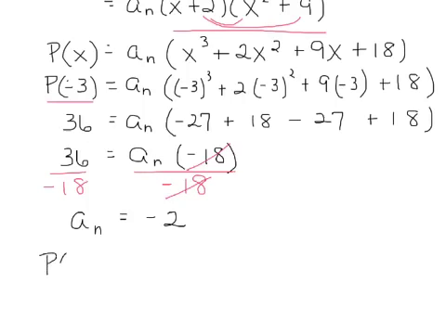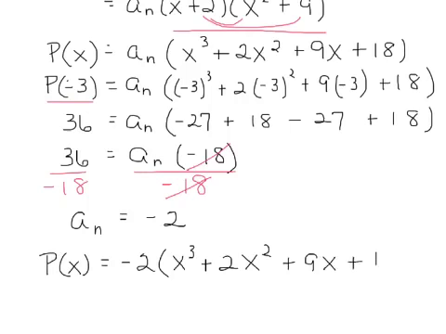Okay, now what we do is we put this all together. So our polynomial function equals, but now instead of a sub n, we're going to put our -2, and then all the information we have already found. So our x to the third plus 2x squared, and so on. And then the final step to complete the problem is to distribute that -2 to each of these terms, and then we will have our expanded polynomial.